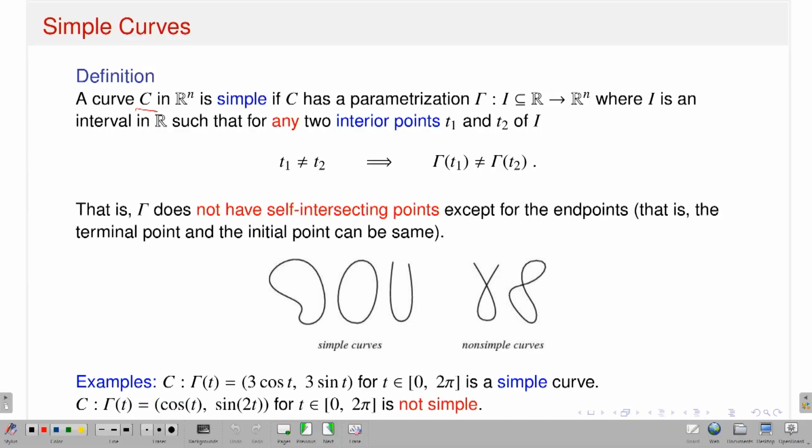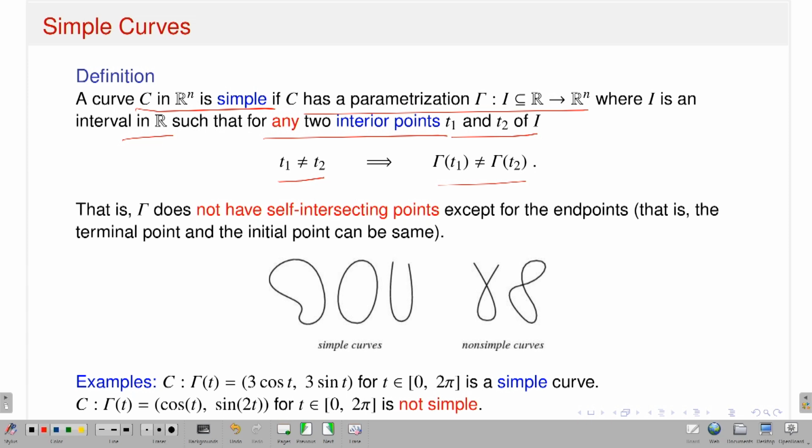What about a simple curve? A curve C in Rn is simple if C has a parameterization, say gamma, defined on an interval I, such that for any two interior points t1, t2 of I, if t1 is not equal to t2, it implies gamma t1 is not equal to gamma t2.